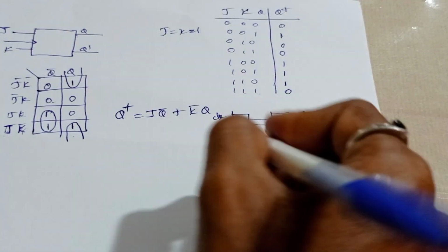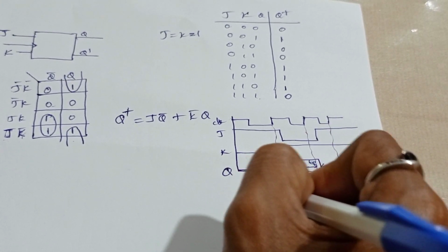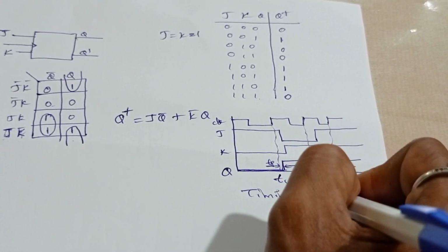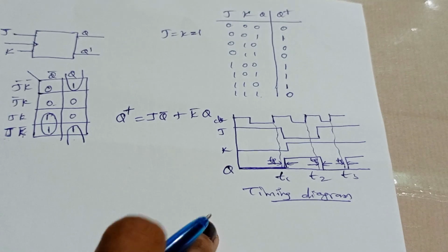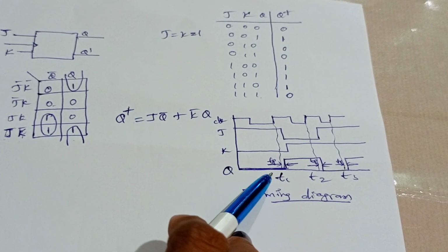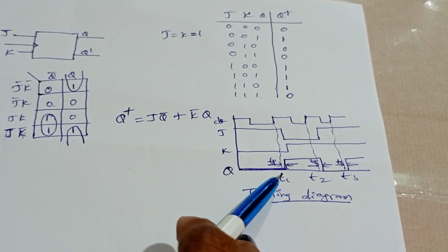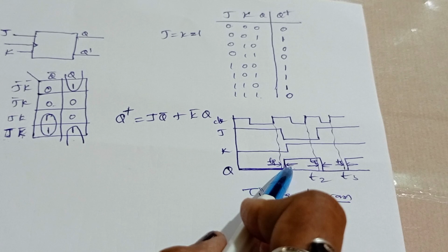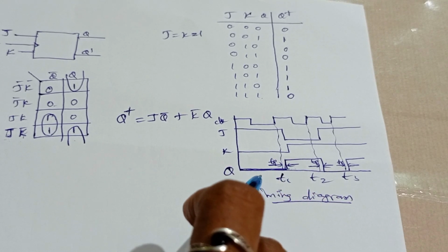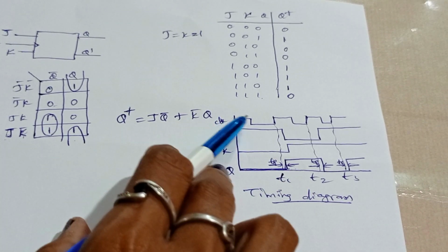Timing diagram for JK flip-flop. In this timing diagram, that is output Q, it has a short time delay after the rising edge of the clock pulse. This is the short time delay. It provides the JK appropriate values.